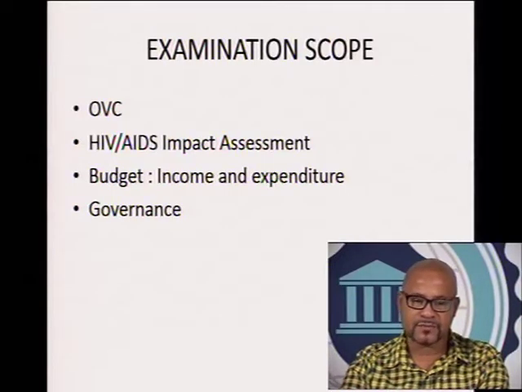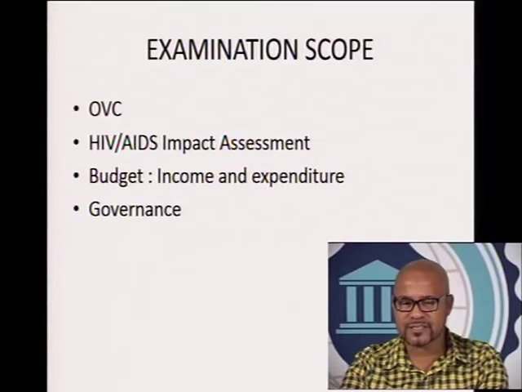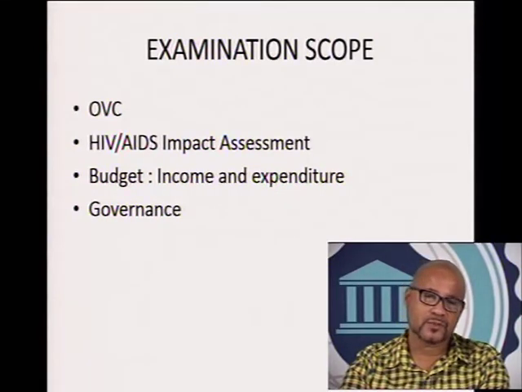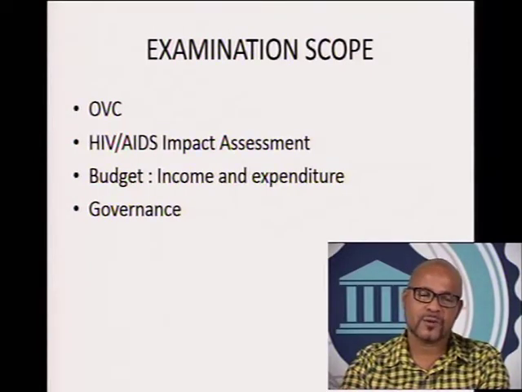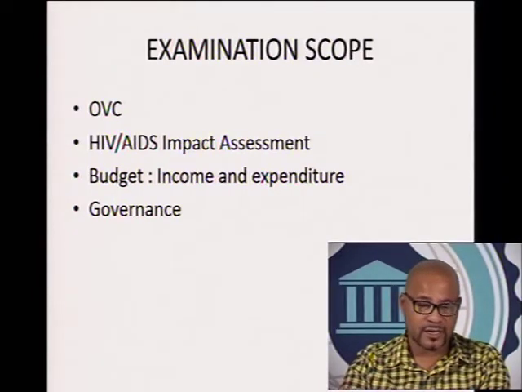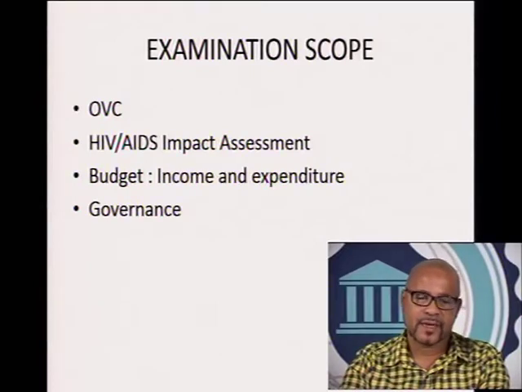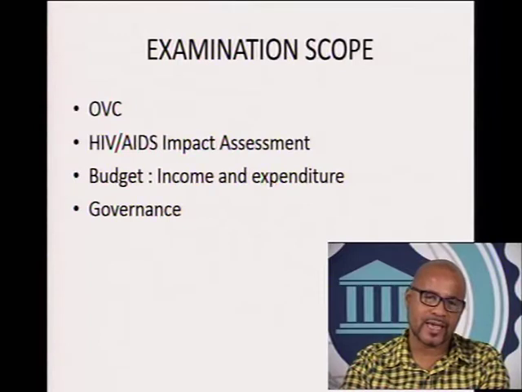Then, of course, governance. What role does governance play when it comes to HIV/AIDS programs and government? We have discussed it in the past, where I made mention of the King Report 1, 2, and 3, South Africa. This is where you look at the 8 characteristics of governance.